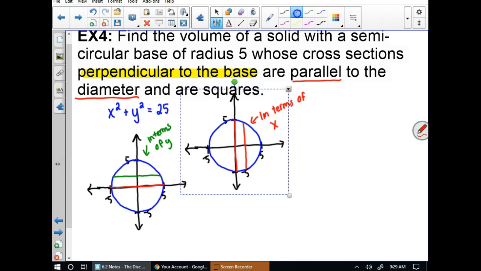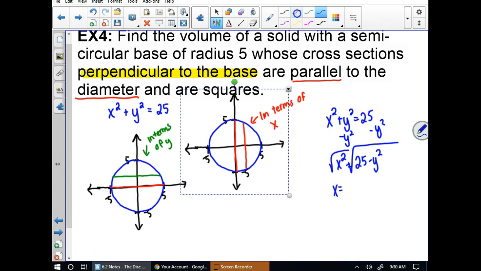So if we look at this circle, and we want to do this in terms of y, that means we need to solve our equation x squared plus y squared equals 25 for our x. So we would subtract our y squared. So we'd have x squared equals 25 minus y squared. And we would square root both sides.